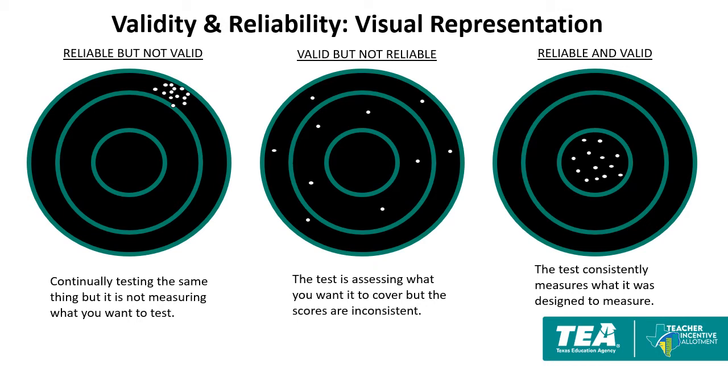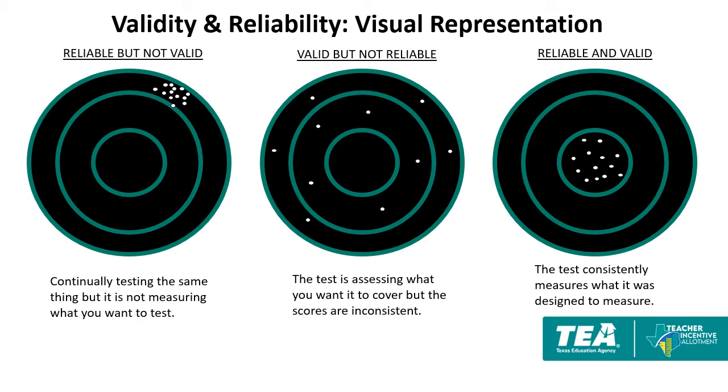A test can also be valid but not reliable. For instance, the English 4 class takes an assessment, but the scores are all over the place. There are many reasons that a scenario like this could happen, but there is likely an issue with the directions, wording of a problem, or even perhaps the scoring of the assessment.